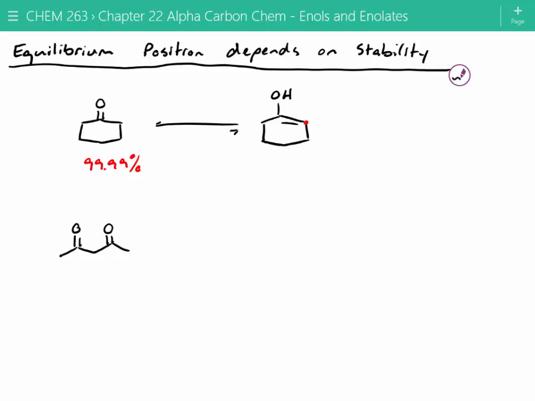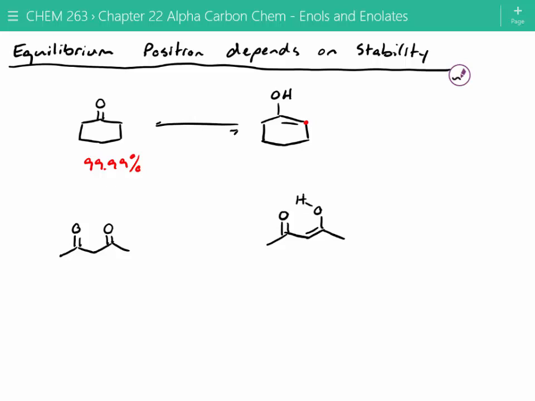So we've got a 2,4-diketone. In this case, we can draw the tautomerization product and include the enol next to it. And let me actually clean this up a bit. There we go.